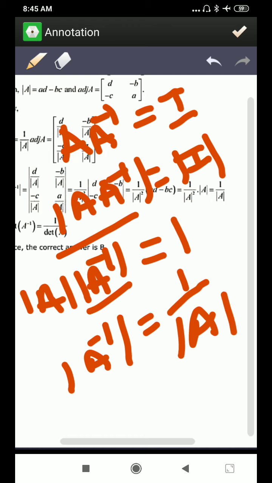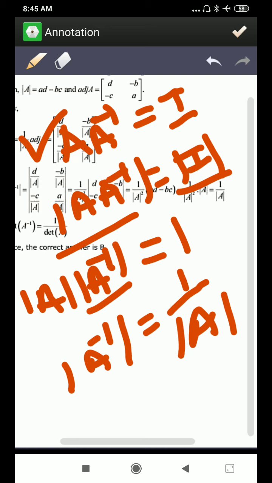We will start with this, that we know that A into A inverse is equal to identity matrix. If we find determinant both the sides, determinant of identity matrix, whether it is of 2 into 2 order or 3 into 3 order, will always be equal to 1. So the right side is equal to 1.